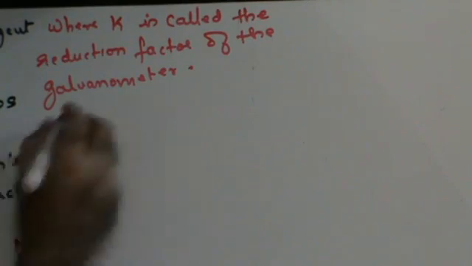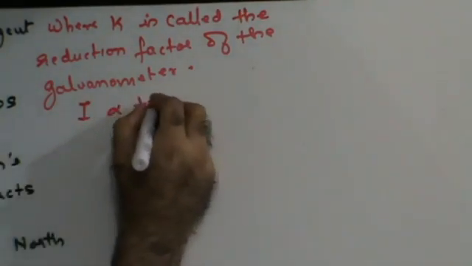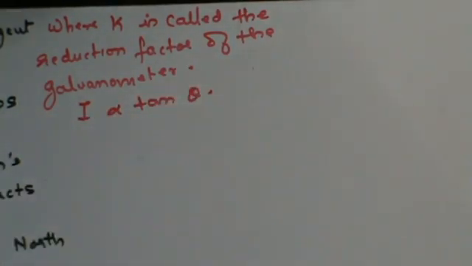So I is directly proportional to tan theta. Thus for a tangent galvanometer, the deflection is directly related to the current, and that's how the galvanometer is able to measure the current. Fine, do we get this thing here?